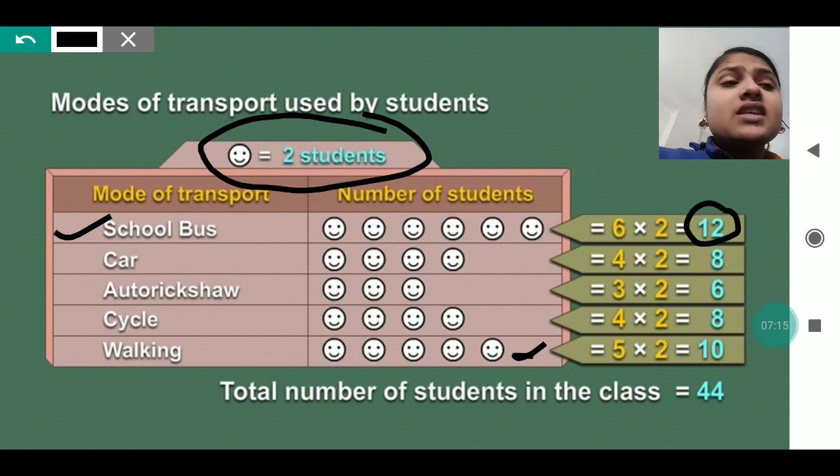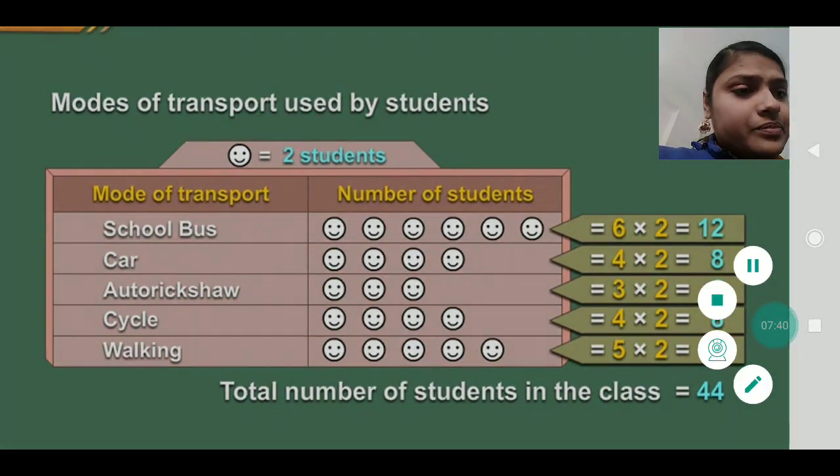In which one are the minimum number of students going? That is the auto rickshaw. Auto rickshaw is being used by only 6 students, so that is the least. Like this also you can get some questions related to this.